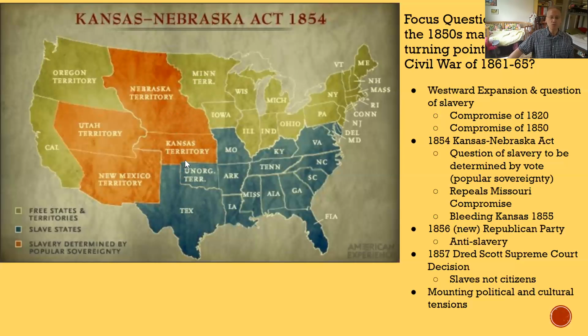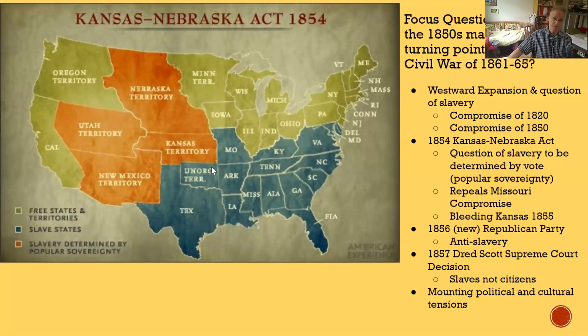And this truly angers the North because, in effect, and the North is right about this, by saying that slavery can exist north of the 36°30' latitude line that had been established by the Compromise of 1820, the terms of the Missouri Compromise are being abolished.